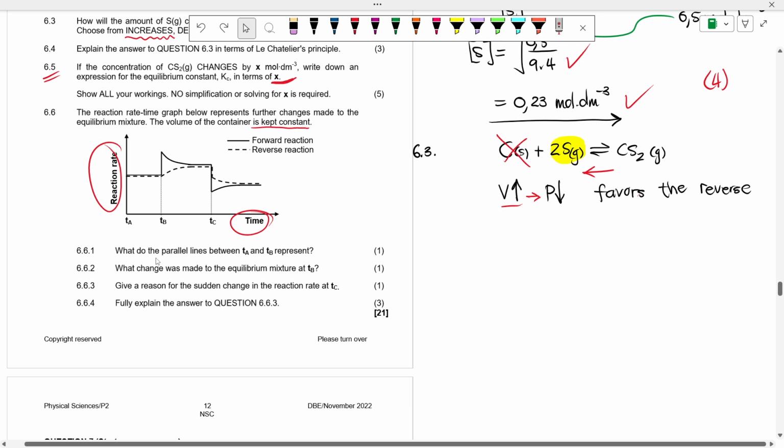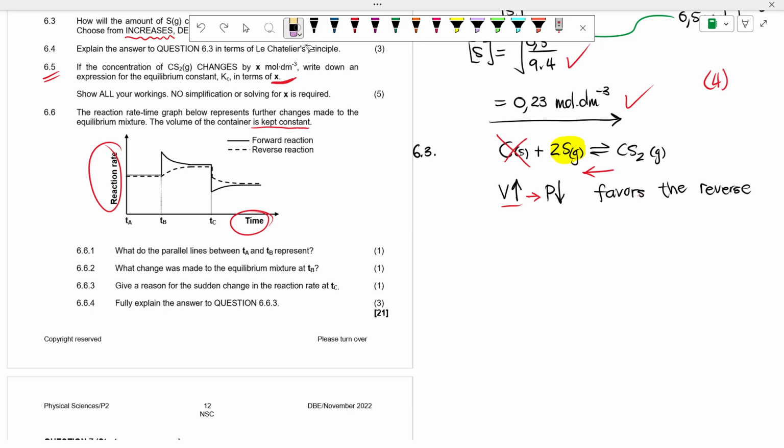6.6.1, what do the parallel lines between TA and TB represent? The rate of the reverse and the forward are equal. Okay, the rate of the reverse and forward are equal.